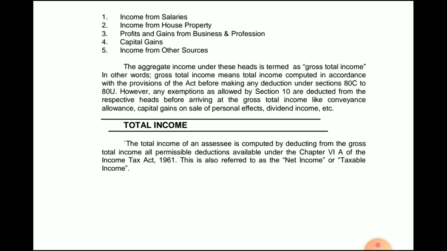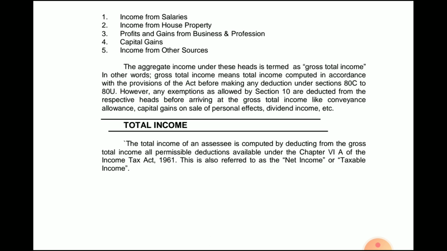In other words, gross total income means the total income computed in accordance with the provisions of the Act before making any deduction under sections 80C to 80U. Once you deduct the deductions under sections 80C to 80U, what you get finally is called the total income.